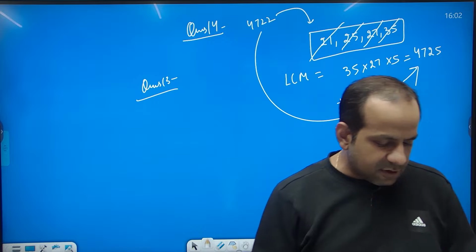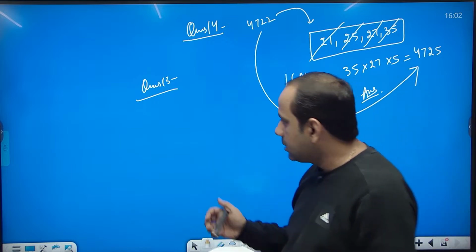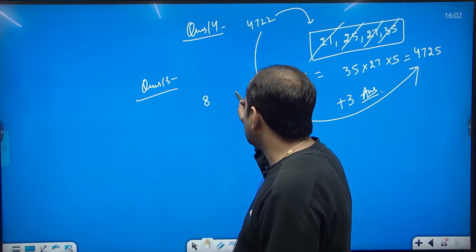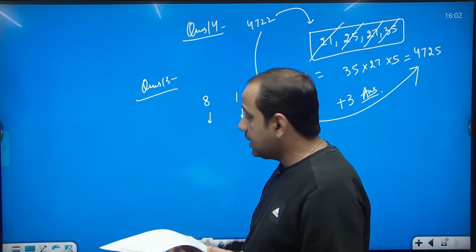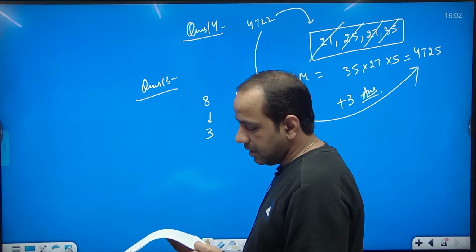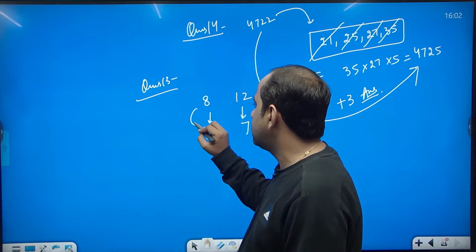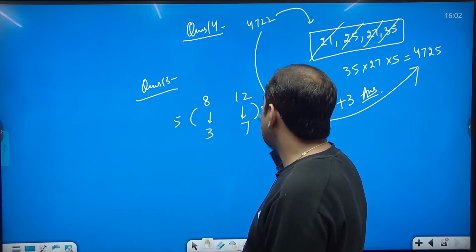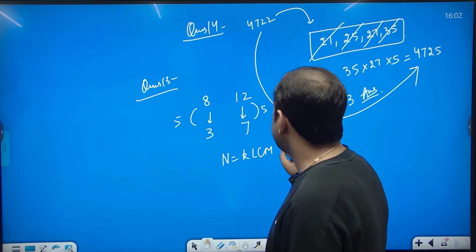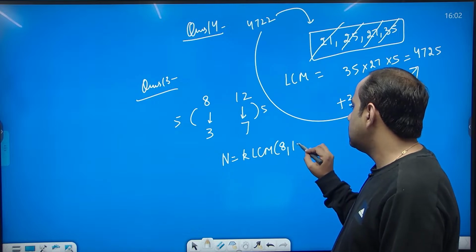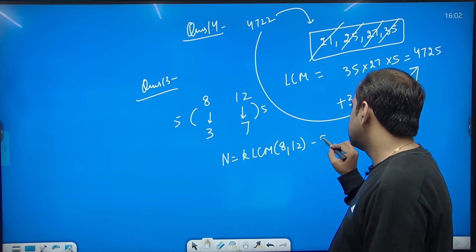Find the smallest number which when divided by 8 and 12 leave remainder 3 and 7. मुझे बस ये बता दो ये कौन सा मॉडल है. सेकंड मॉडल. When divided by 8 it is leaving remainder 3, when dividing by 12 leaving remainder 7 because difference is 5. So number will be of the form k into LCM of 8 and 12 minus 5.